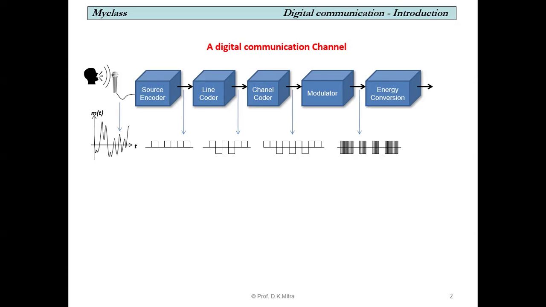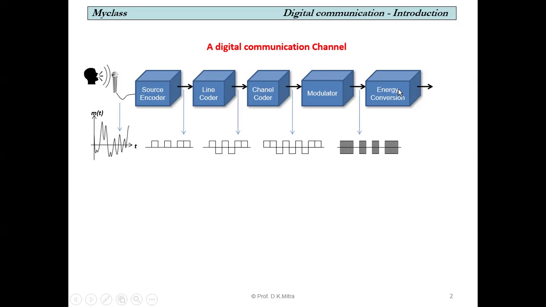After the modulator is the energy conversion. Sometimes they ask you viva questions, in the channel, where is the energy conversion? One, you have seen the energy conversion at the mic. Another will be energy conversion here.